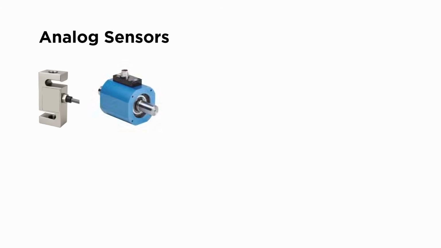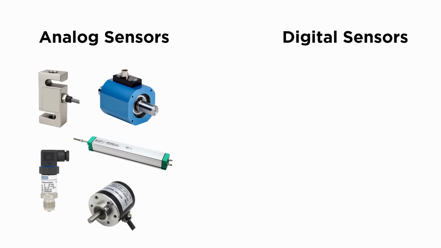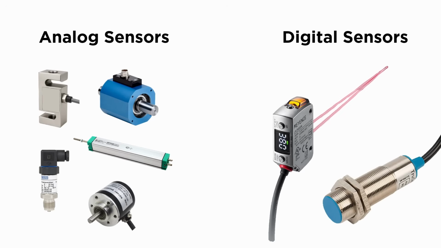Because at the end, any sensor works in only two ways: either as an analog sensor, like a force sensor, torque sensor, pressure transducer, linear potentiometer, or an encoder, or as a digital sensor like a proximity or photoelectric sensor. And in this video, we are going to master both types of sensors. So let's start from the very basics.